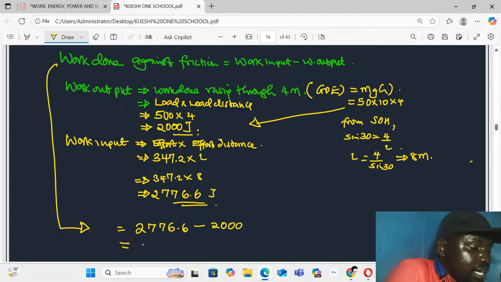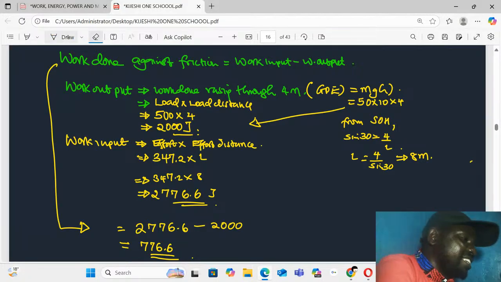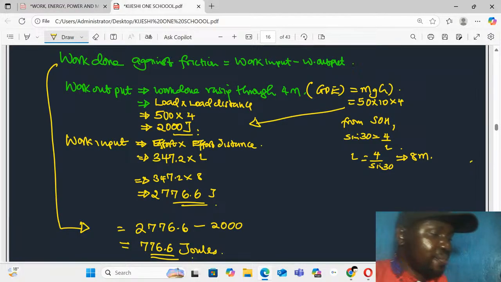Then this will lead us to 776.6 newtons. Sorry, it is supposed to be joules. We are talking of work done. So that gives us the extra work that was needed so that the mass of 50 kilograms could move.